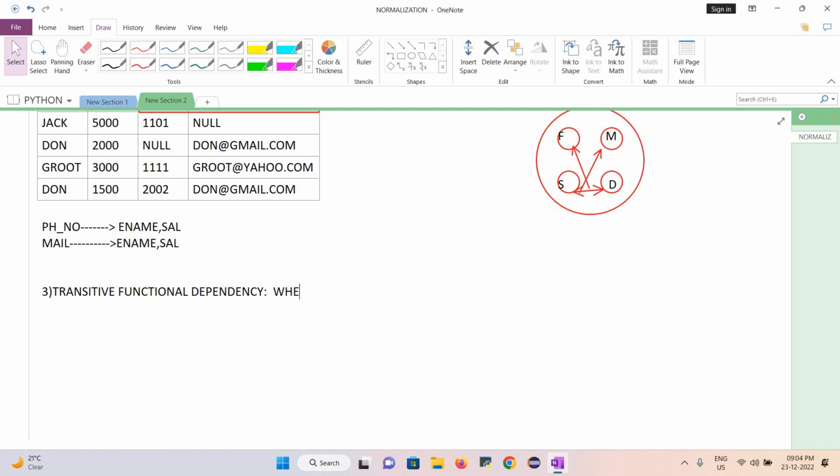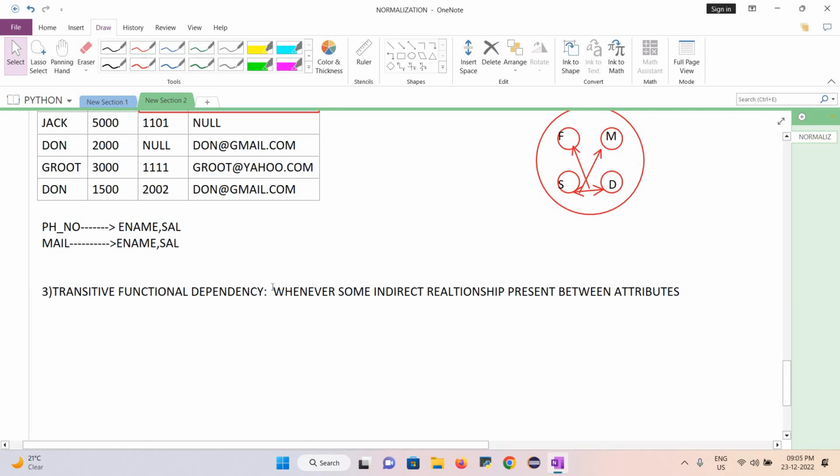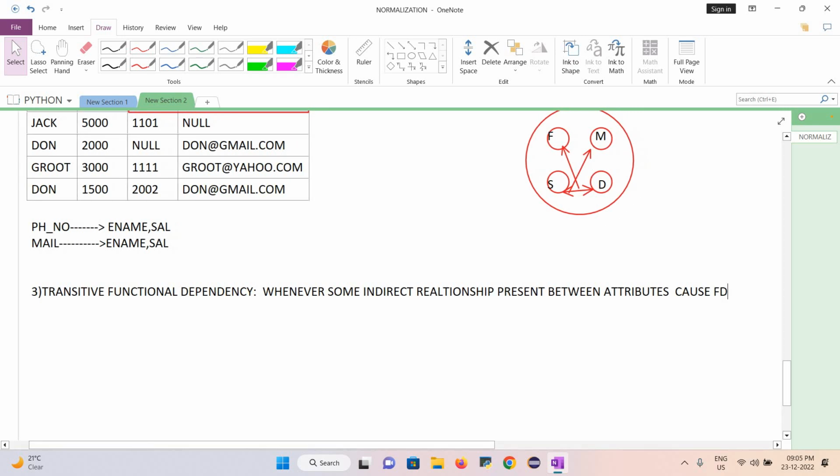Whenever some indirect relationship is present between the columns, I mean between the attributes, and causes a functional dependency, that is known as transitive functional dependency.